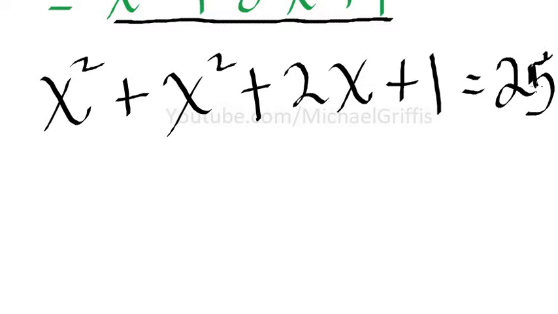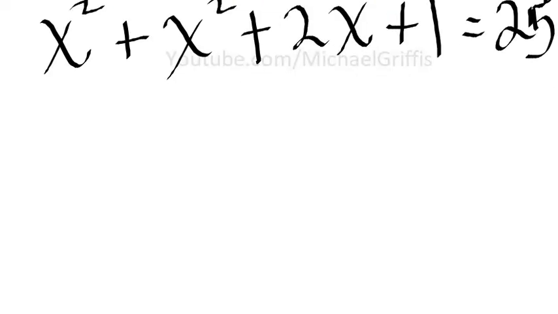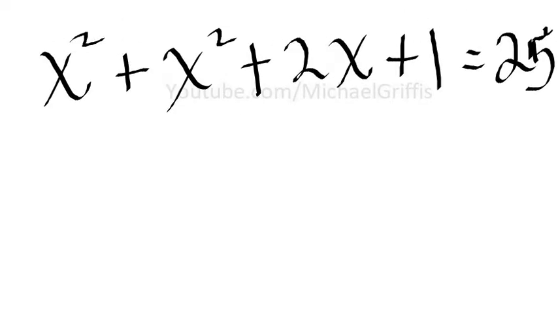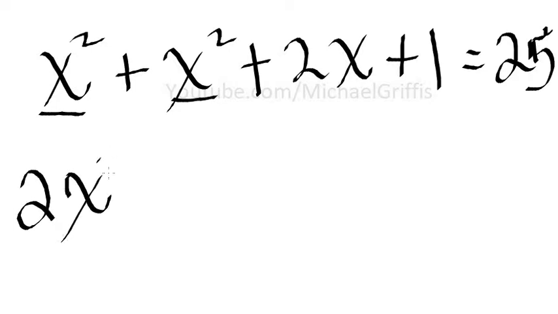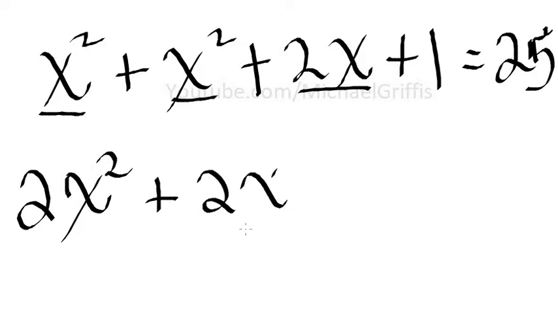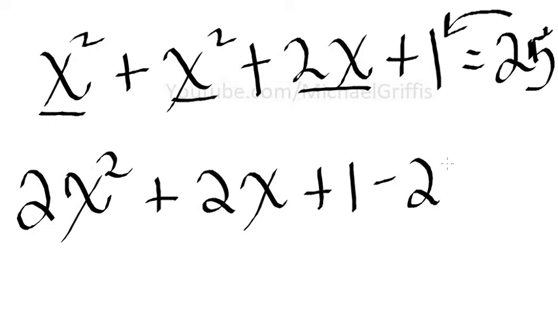Let's simplify this down a little bit. We have some like terms. We have an x squared, so that's going to make 2x squared. We have a 2x, so nothing like that. And now I'm going to take this 25 over to the left, so that's going to make it a minus 25.